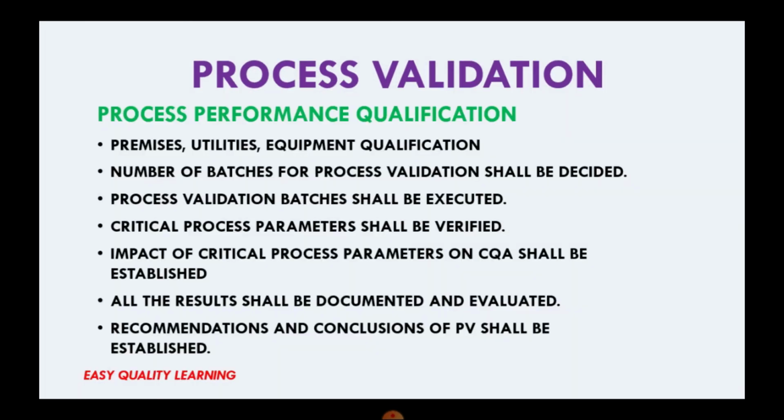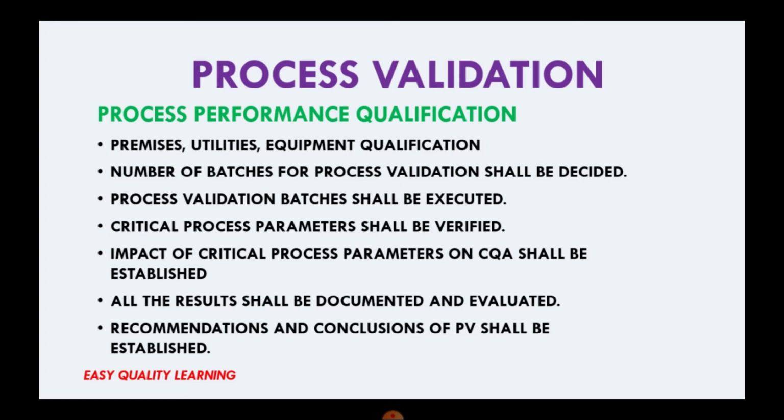Then how to do process performance qualification? In process performance qualification, your premises, utilities and equipment qualification need to be executed. In the earlier concept of process validation, these details were not pulled into your report or protocol.